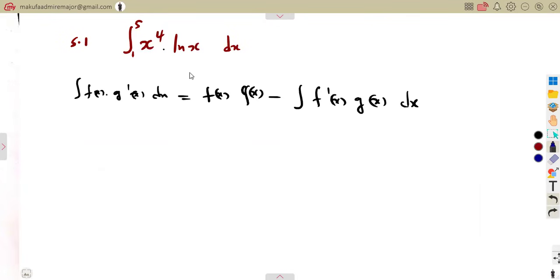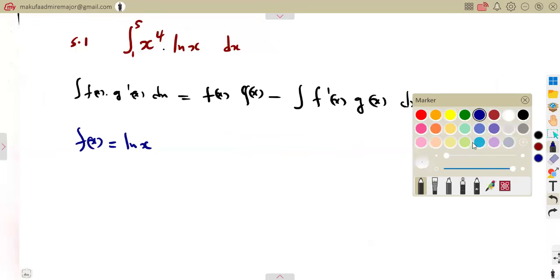Both can be differentiated. But let's talk of the integral. We can integrate this. But what about this one? It is difficult. For you to integrate a ln, it's by parts again. So you see, instead, you're going to choose it to be your f of x because it can be differentiated at least.